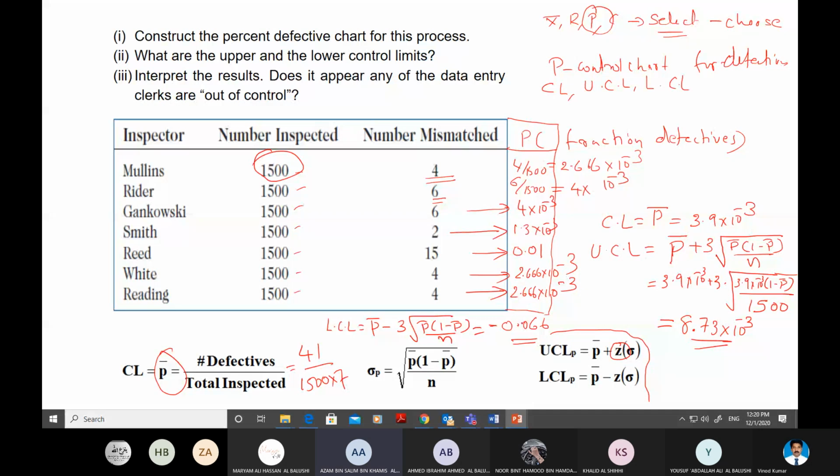Doctor, I get minus 9.2. Same, minus 9.2 multiplied by 10 to the power minus 4.